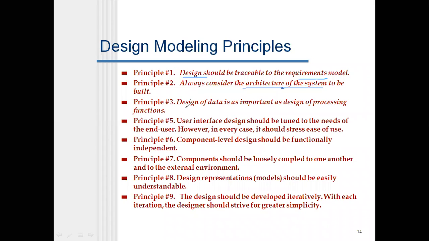Coming to the third principle, design of data is as important as design of processing function. First of all you should design the data. It is more important than the processing function, which means which processing technique you are going to use to solve that particular problem is secondarily important. First of all, what are the data, which means what are the inputs?